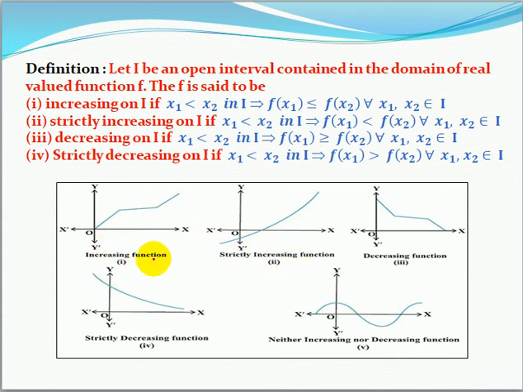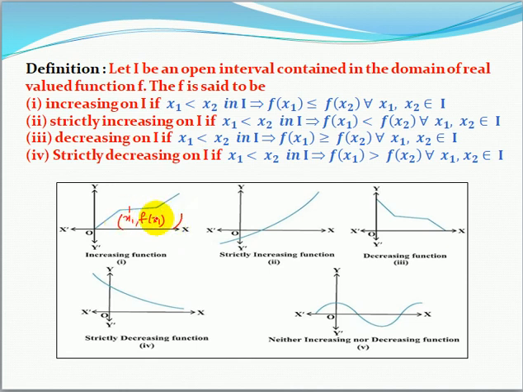This is an increasing function. So what difference do you observe between these two? You will find there is a stretch in this curve where corresponding to different values of x, maybe their images are the same. If you look at this part, if I say this point has x coordinate x1, then its y coordinate will be f(x1).